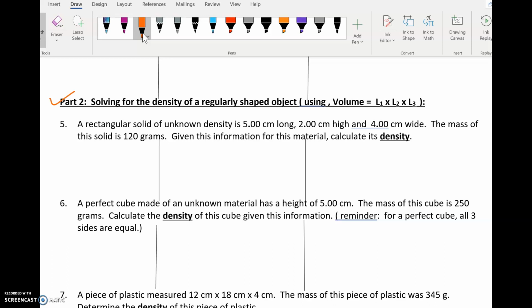Very simple. So let's say a rectangular solid of unknown density is 5 centimeters long, 2 centimeters high, and 4 centimeters wide. So the volume is going to be 5 times 2 times 4, which is what? 40 cubic centimeters.